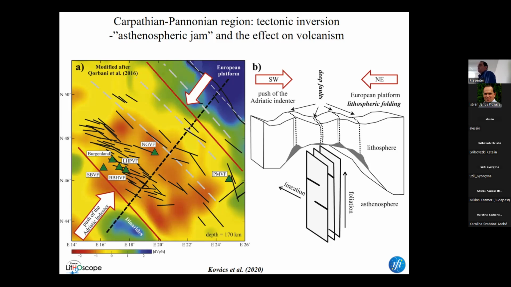I'm not a structural geologist and I don't have experience with the crust like you do. But for me, as a petrologist, something is needed which facilitates the way of these melts to the surface. Also inside the basin we have basalts, like in your talk, in the Békés Basin, where we had anomalies which could be alkaline basalts.